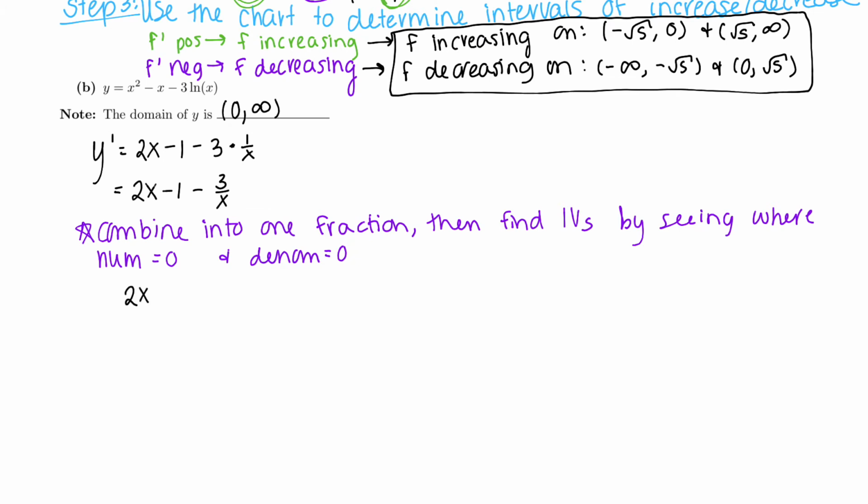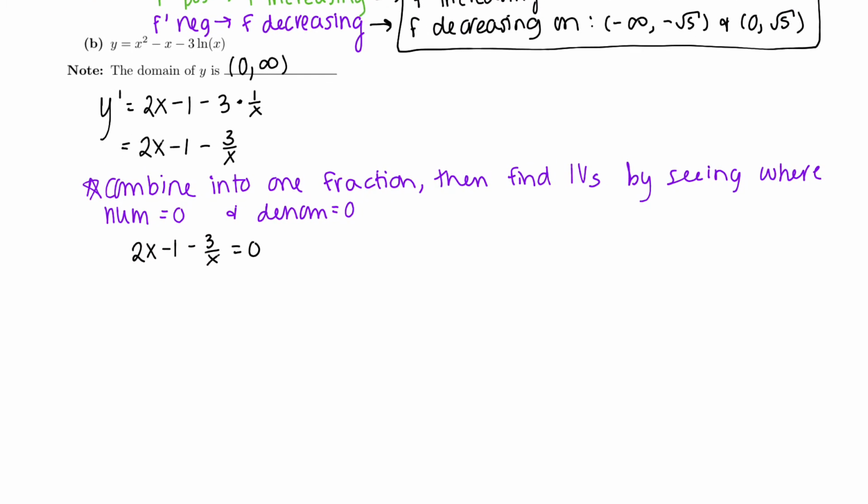So I have 2x minus 1 minus 3 over x. To make this into one fraction, we can just set it equal to 0 if we want to. You're going to need to make common denominators. So the common denominator you can make is x.